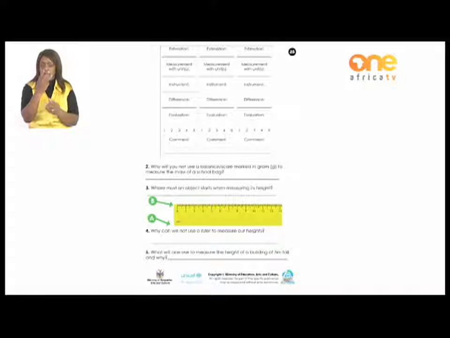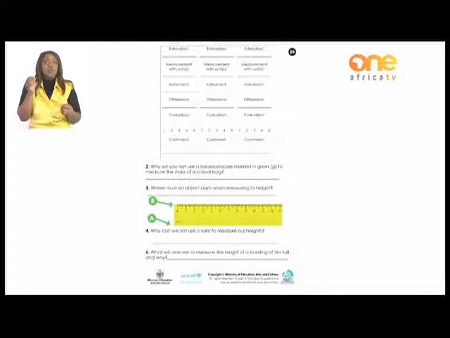Number 2, why will you not use a balance scale marked in grams to measure the mass of a school bag? I'll repeat that again. Why will one not use a scale which is marked in grams to measure the mass of a school bag? You just need to give a reason there.